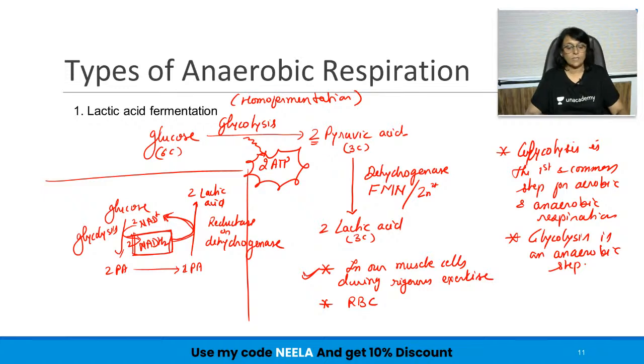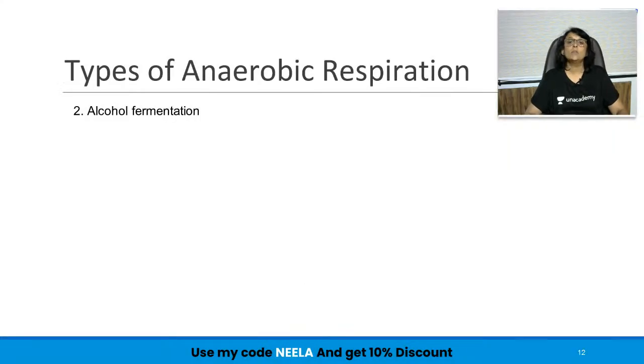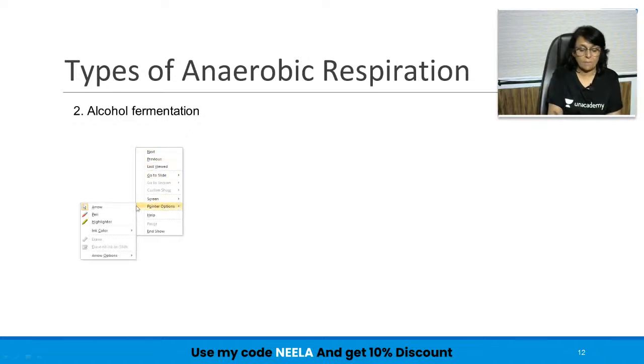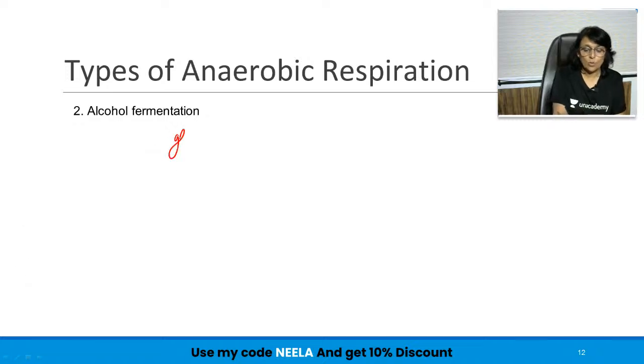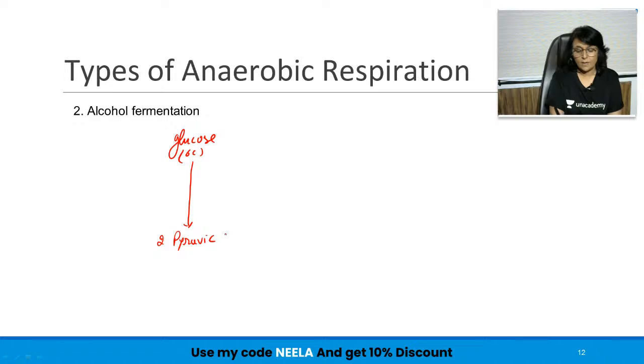Let us go to the next type, that is called alcohol fermentation. Now in alcohol fermentation, the first part remains the same. That first part is that glucose, which is a 6-carbon compound, is broken down into 2 molecules of pyruvic acid.